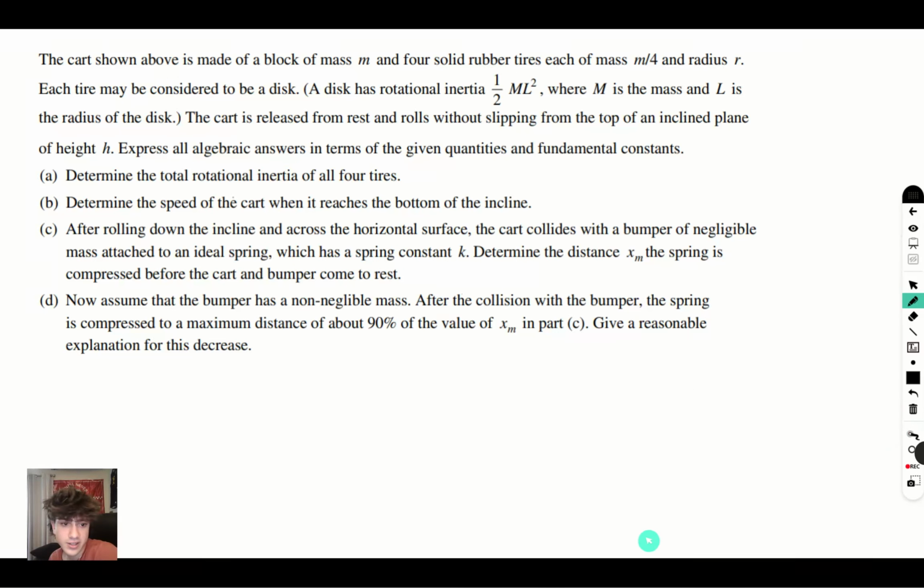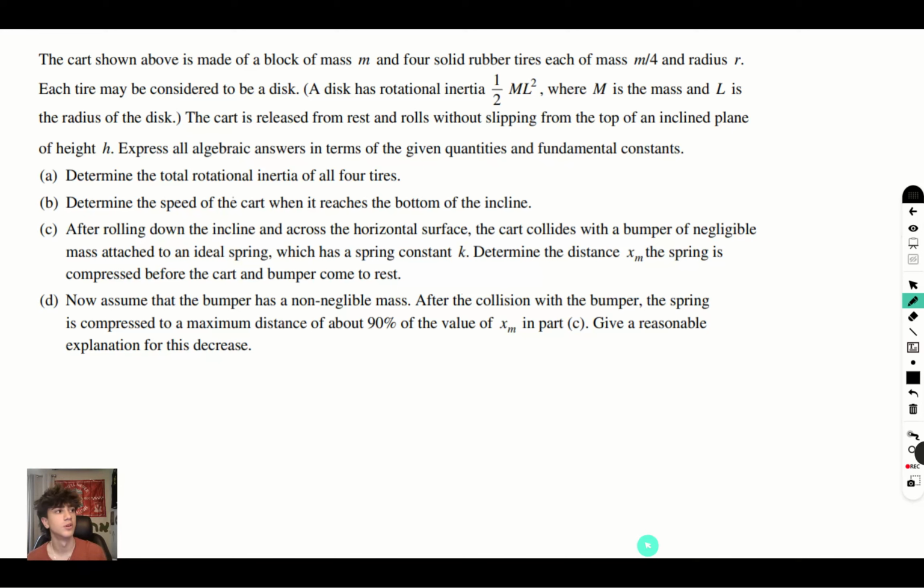Part D asks us, now assume the bumper has a non-negligible mass. After the collision with the bumper, the spring is compressed to a maximum distance of about 90%. Give a reasonable explanation for this decrease. For this reasonable explanation, you can really use any reason for the block to be going slower.